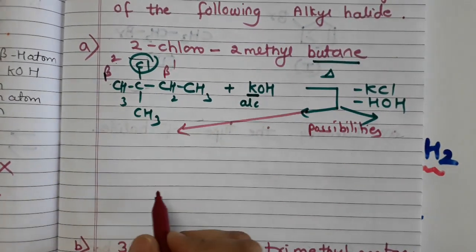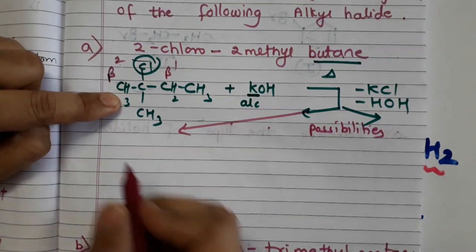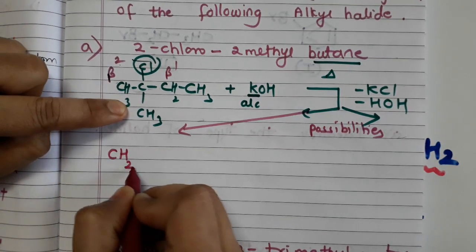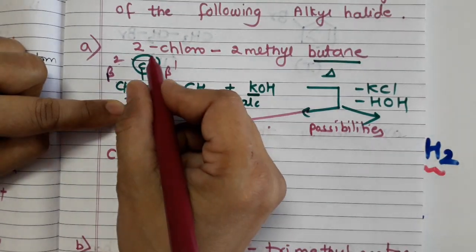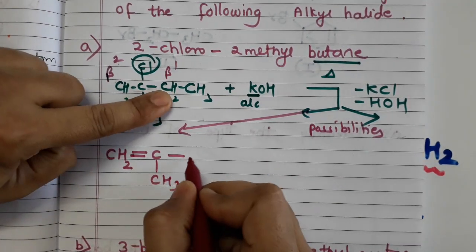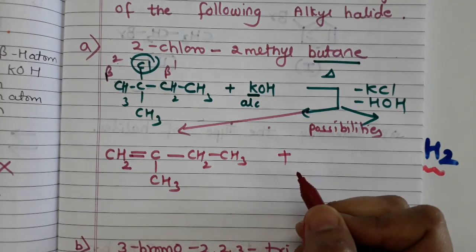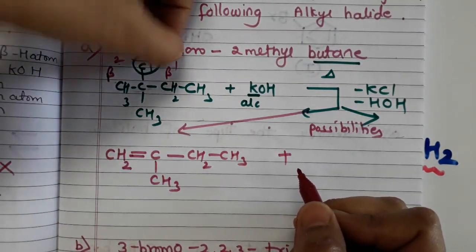So first possibility, if I consider beta 2 hydrogen is coming out, I will be getting CH2 double bond C, chlorine has gone out, so I am left with CH3, then I will write CH2, CH3. Now we will look out for the second possibility where hydrogen is coming out from the other beta carbon atom.